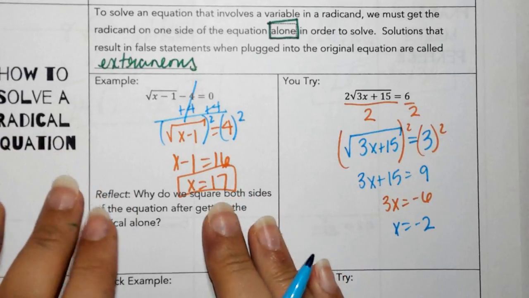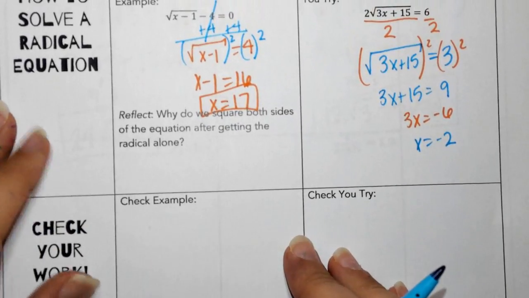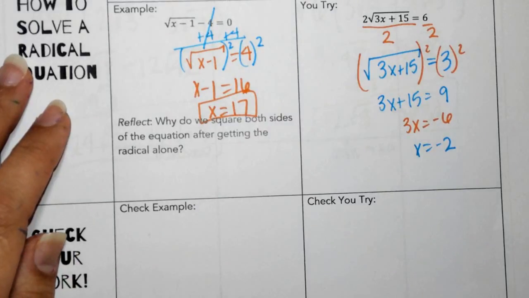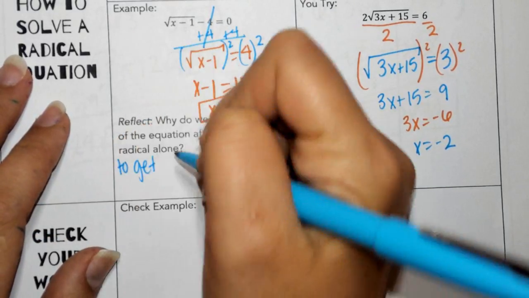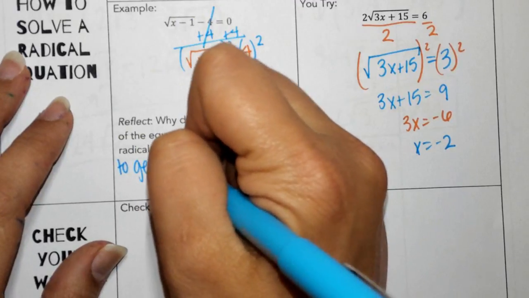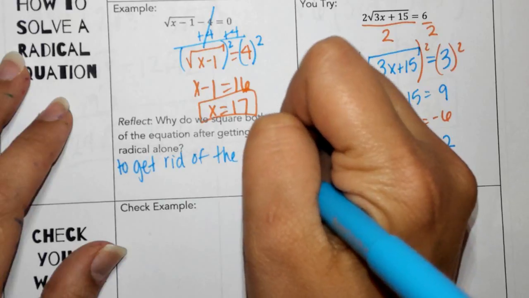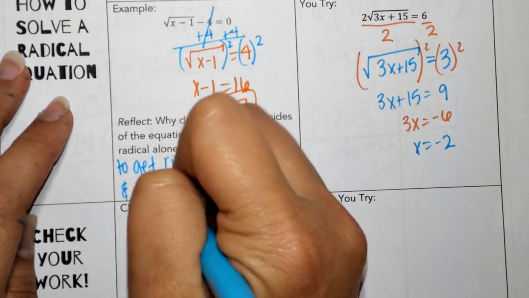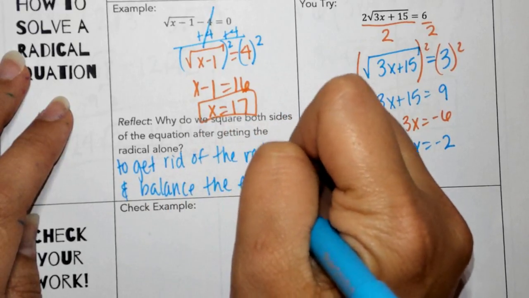Alright, so why do we square both sides of the equation after getting the radical alone? So you have to get rid of the radical, and why do we do it to both sides? And that's called balancing the equation, right? So to get rid of the radical, and balance the equation.